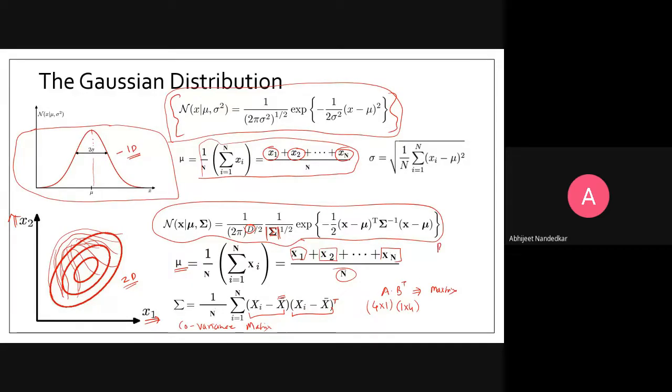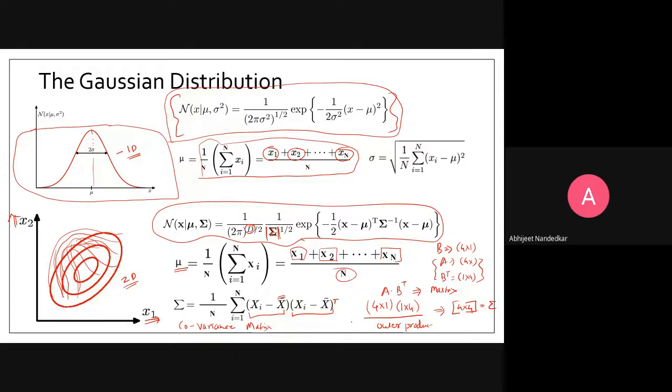If I do multiplication of these two vectors, it is called the outer product. This will result in a 4 by 4 matrix, and that is here called sigma or the covariance matrix.